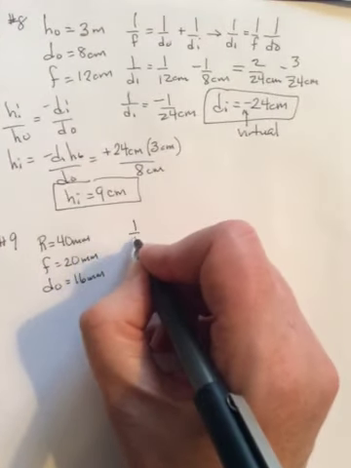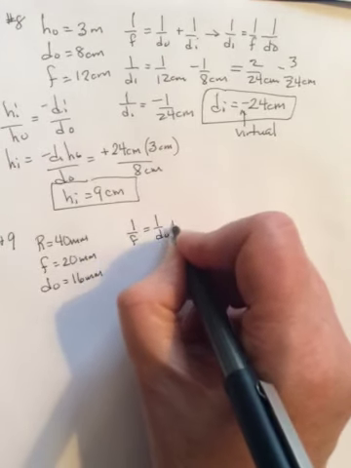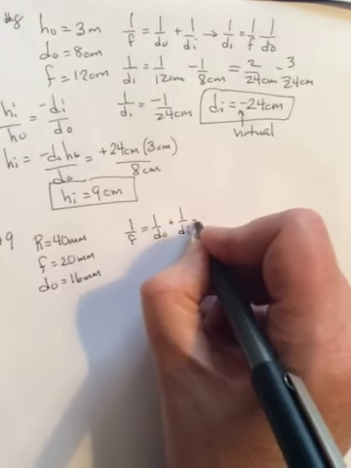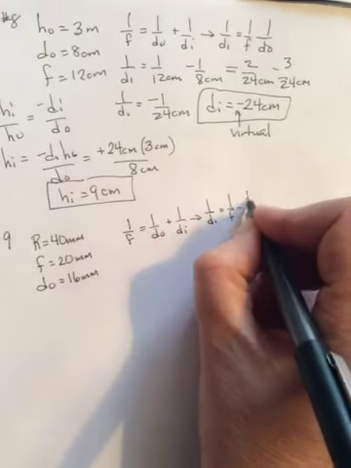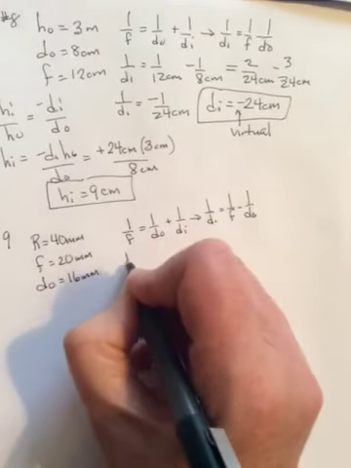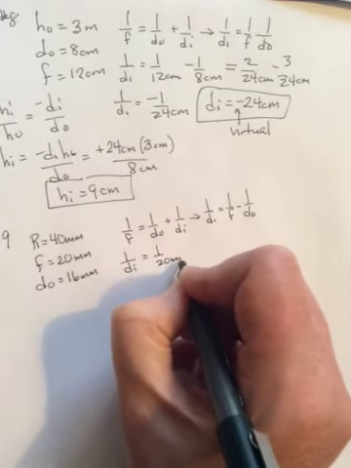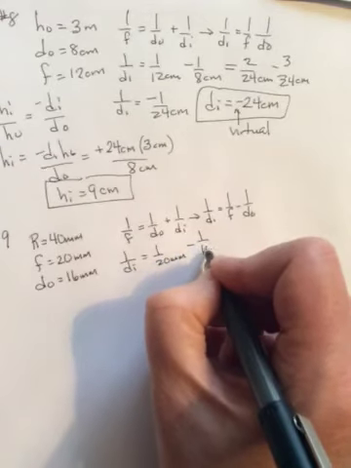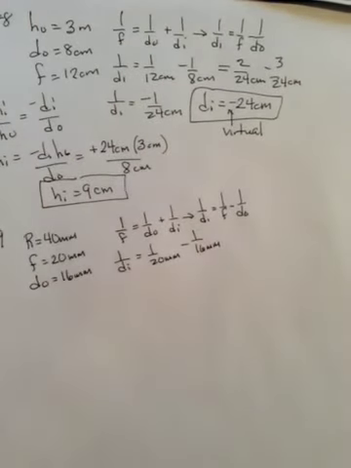So first step, find the DI. So 1 over F equals 1 over DO plus 1 over DI. So 1 over DI equals 1 over F minus 1 over DO. So 1 over DI is equal to 1 over 20 minus 1 over 16. 320. There might be an easier one. 80?